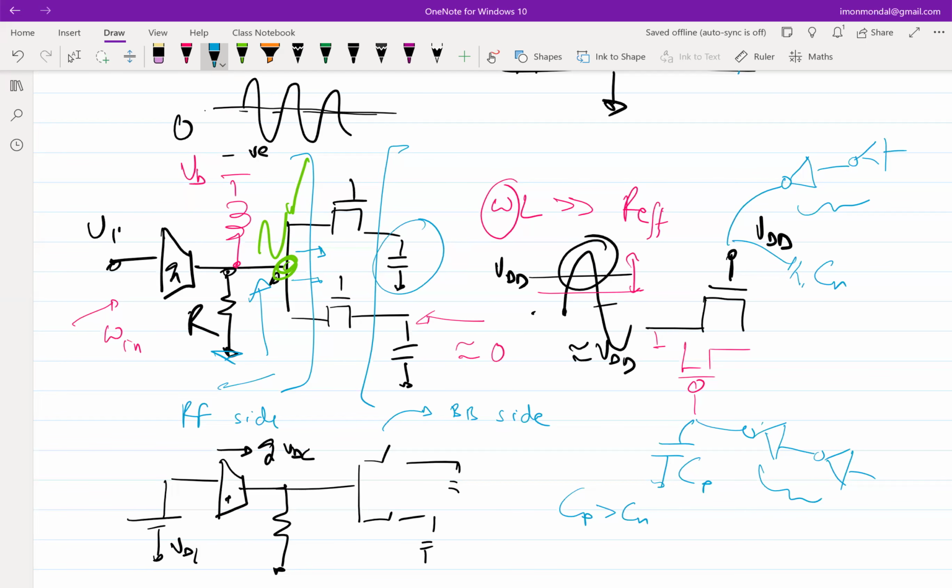But in this case, the power consumption will go up by more than a factor of 2 if I reduce the Ron by a factor of 2, because to reduce the Ron by a factor of 2, you have to increase the W/L of the PMOS by more than a factor of 2.